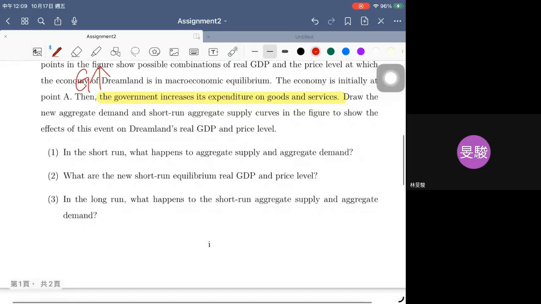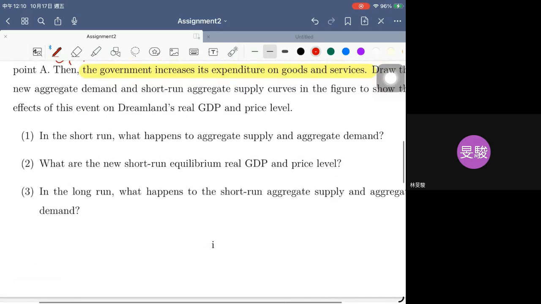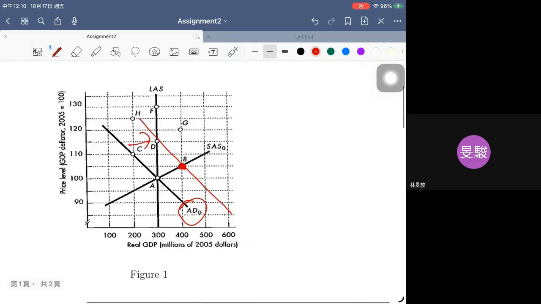Let's see number two. What are the new short-run equilibrium real GDP and price level?